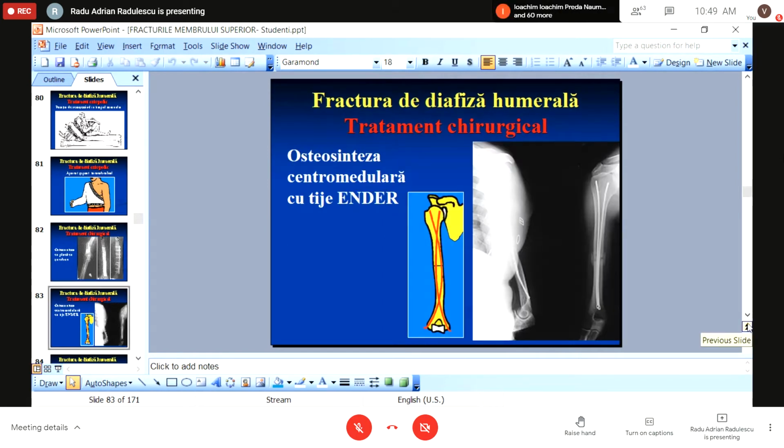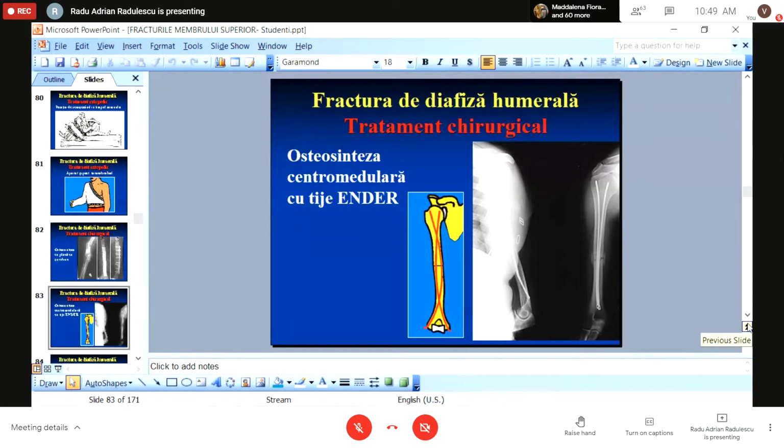In most of the cases, the statistics showed us that the function of the radial nerve, if it was damaged after the fracture, is about 85% reversible.